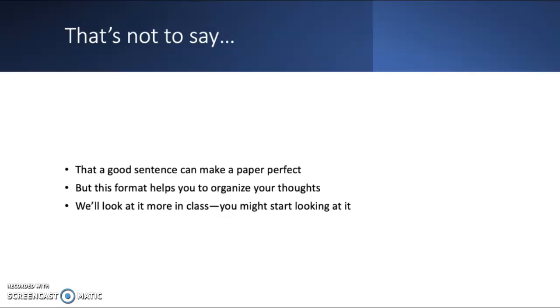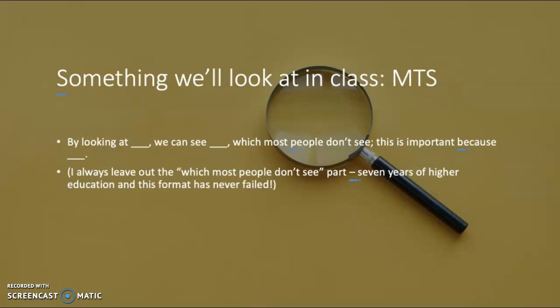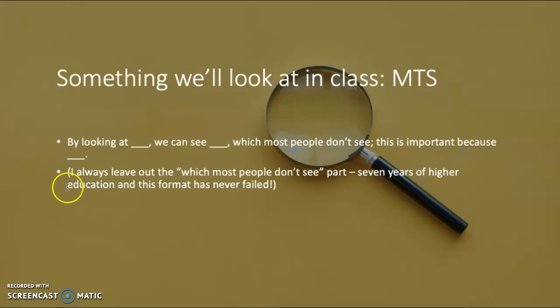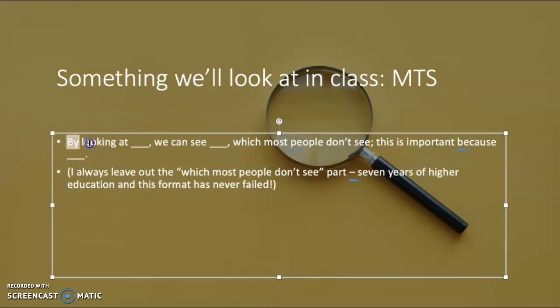So that's not to say that a good sentence makes a paper perfect. It's not that putting this sentence has any kind of magical power. But what it does is it makes you organize your thoughts. Because it makes you say, okay, by looking at, and if you're saying the impact of food deserts on mental health, it makes you organize to your next logical thought and say, okay, we can see that food deserts are causing this poor mental health.